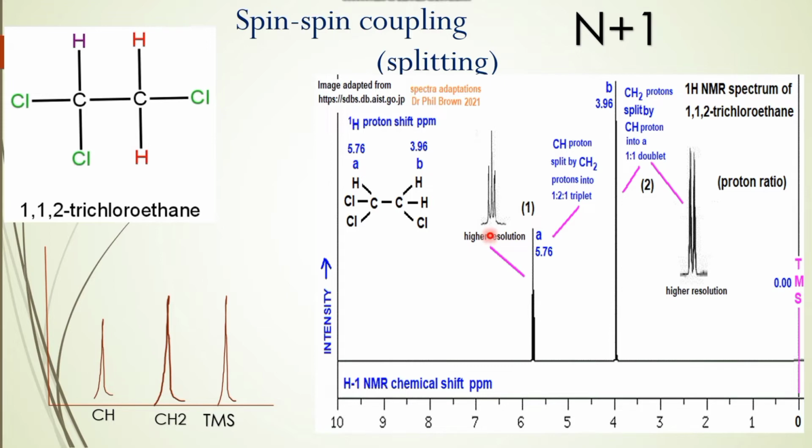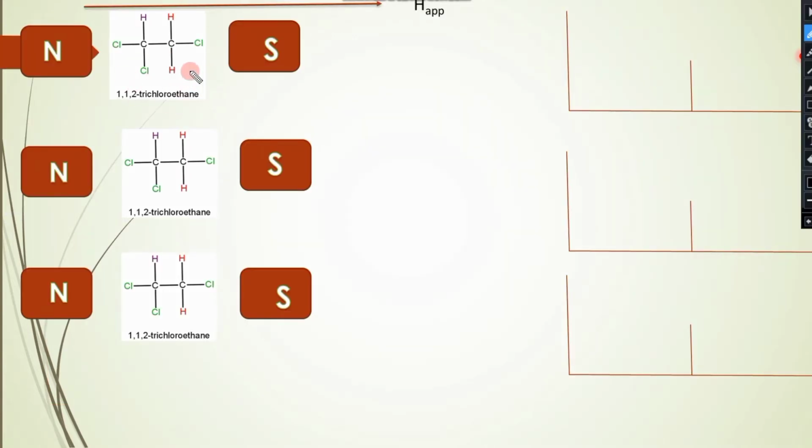Let us know more about how we got these peaklets. We place this molecule in a strong magnetic field. So first we are going to study the peak obtained for this hydrogen. This is the applied field H0, and we are going to study the peak obtained for this hydrogen. So there are 2 adjacent hydrogen atoms. The possibility can be that both are aligned in the direction of the applied magnetic field. So this is the induced magnetic field.